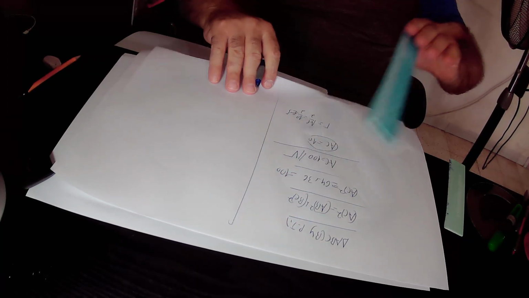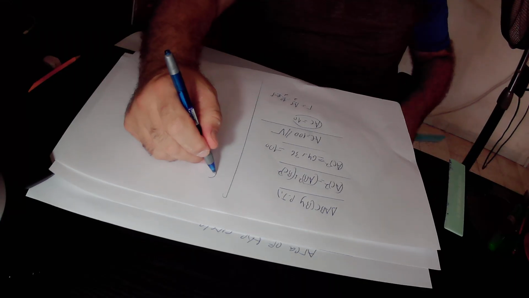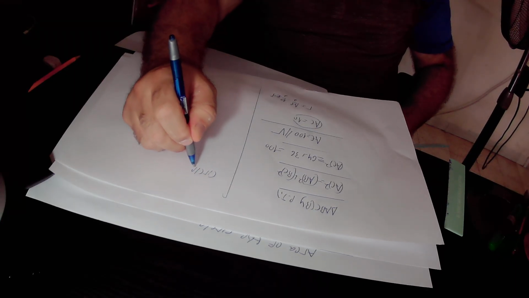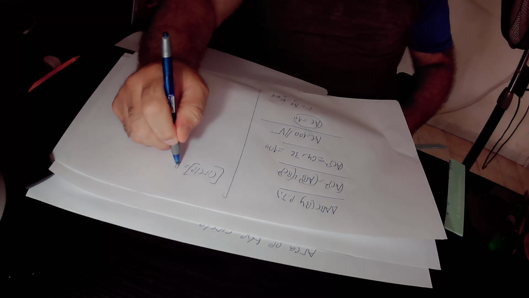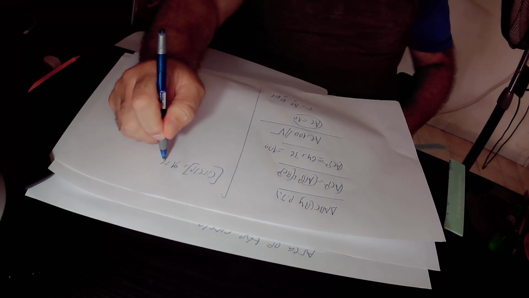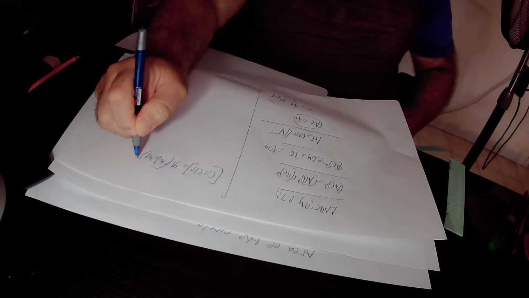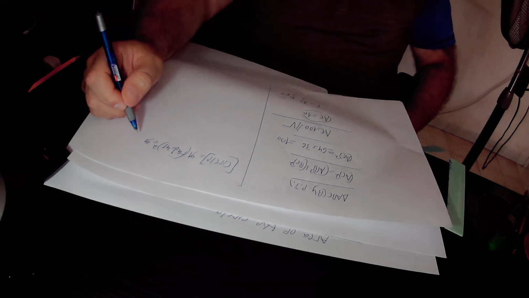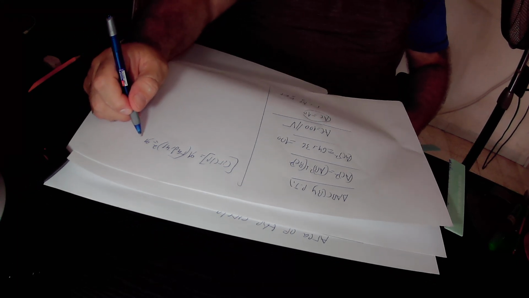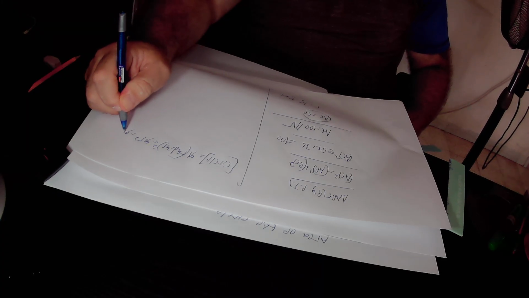Our task is to find the area of this circle. So we know that the area of any circle equals pi times the radius of the circle squared. And therefore the area of our circle must be equal to pi times r squared.